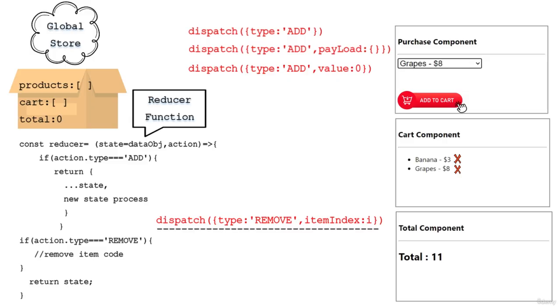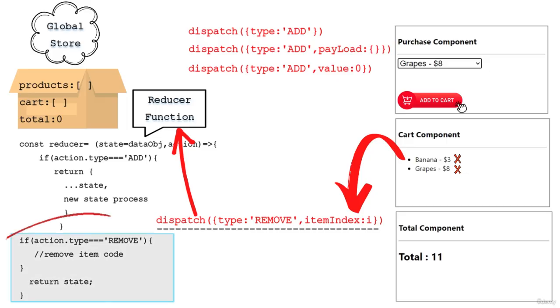This dispatch, that is on click of these buttons, the dispatch is returned. When you click any of these buttons, it's going to dispatch, and dispatch will call the reducer. This means you will be writing the process of removing the item from the cart. So this cart will be updated from this component.